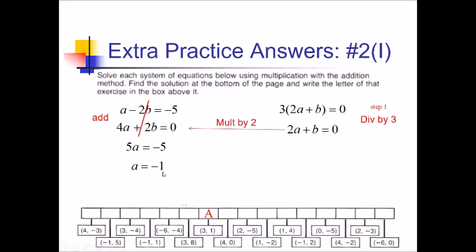Let me plug that back in to get the b value. I think this equation right here is probably our best bet. We have 2 times negative 1 plus b equals 0. That's negative 2 plus b equals 0, and if I add 2 to the other side, we get b equals 2. Now writing this as an ordered pair, they didn't give us an x and a y, but we can just go alphabetically if they didn't give us any other details.